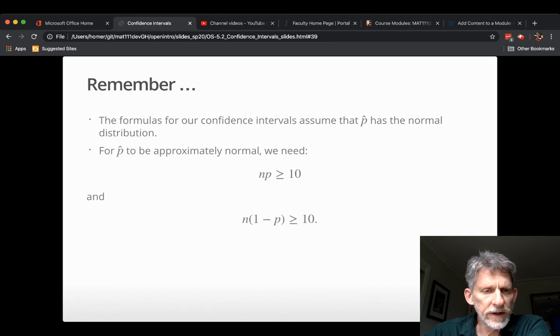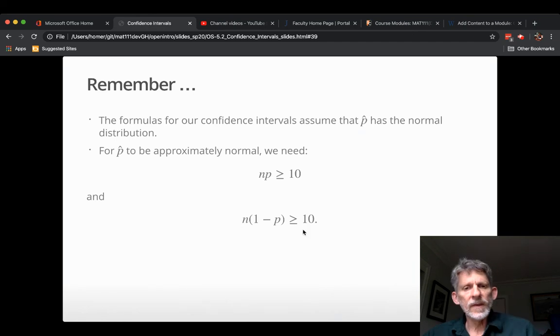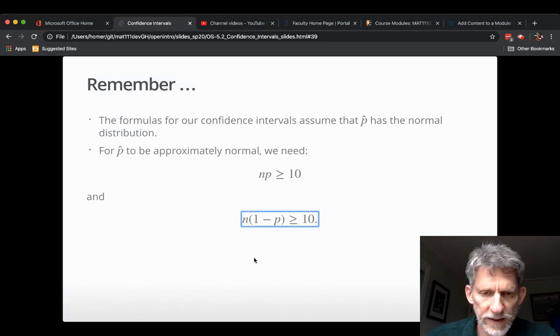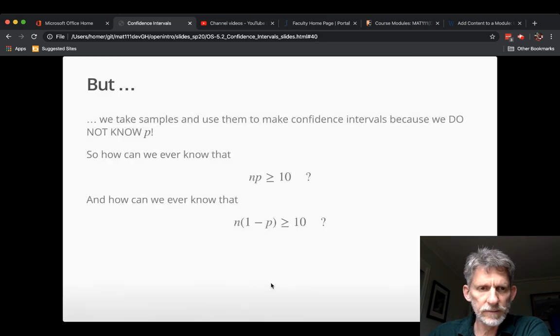But we've learned that for the sample proportion p-hat to be approximately normal, we need the expected number of successes, that's n times p, to be at least 10. And the expected number of failures, n times 1 minus p, also has to be at least 10.